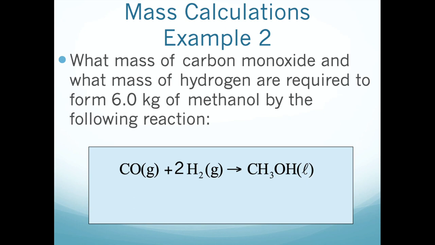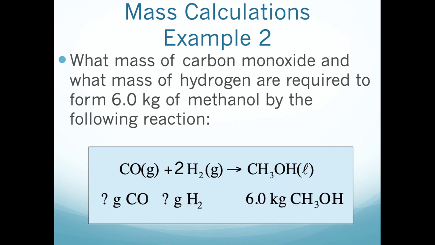So you're going to have to pick either carbon monoxide or hydrogen and compare them accordingly to your 6,000 grams of methanol. So even though we've got 2 unknowns here, there's actually 2 questions we're solving here. So break this down into 2 parts.